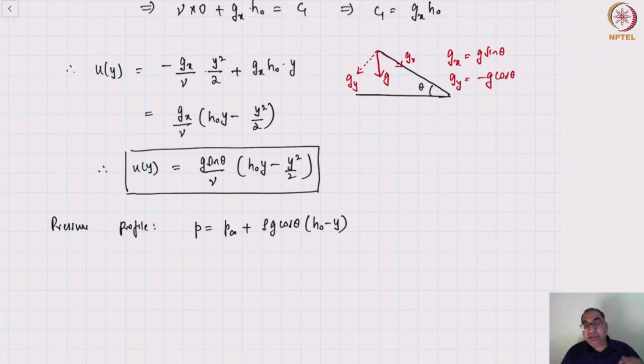So when you are at the interface where y equals h naught, the pressure is P naught, but as you go down from the interface, as you go towards the substrate, the pressure increases because of gravity. That's just hydrostatic pressure. There are a lot of interesting extensions that we can look for this problem, but we will stop here. And in a follow-up lecture, we'll look at a case where the interface is not flat, but is changing its shape.